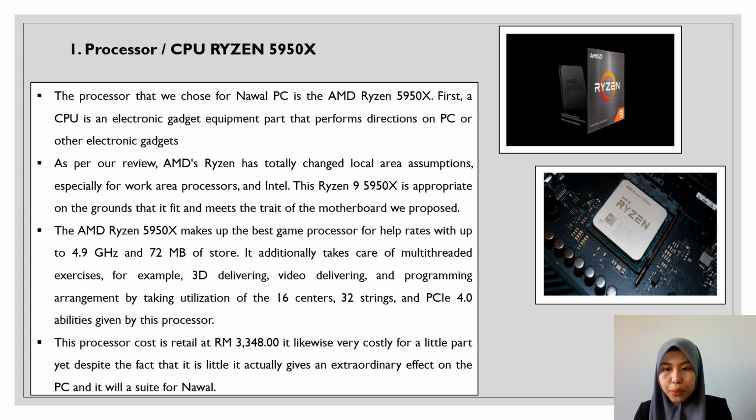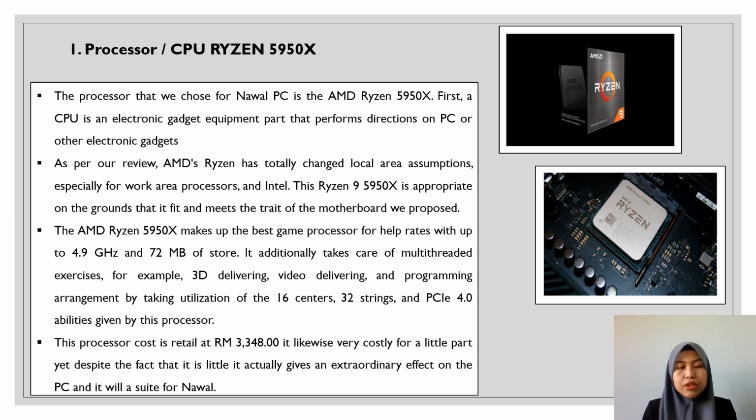Third is hardware. The first one is the processor, CPU Ryzen 5950X. The processor that we choose for Nawal's PC is the AMD Ryzen 5950X. First, a CPU is an electronic hardware component that performs instructions on a PC or other electronic device.